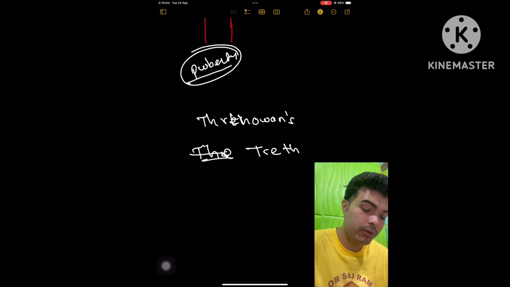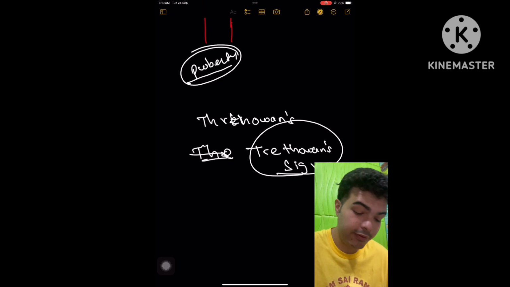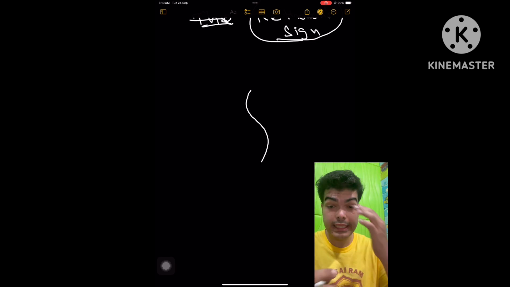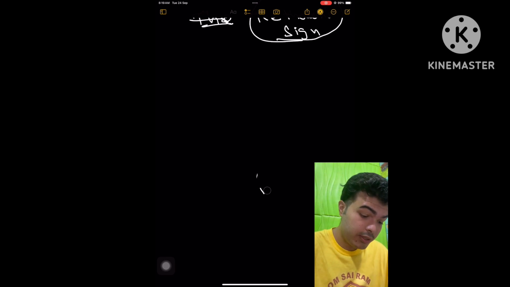So what is Trethowan's sign? Understand this concept also very well. You take an X-ray of both hips. Suppose this is one portion, and this is your head, neck, femur like this.